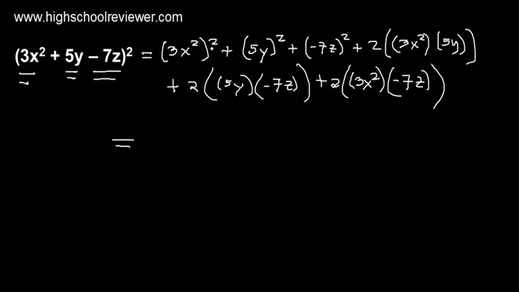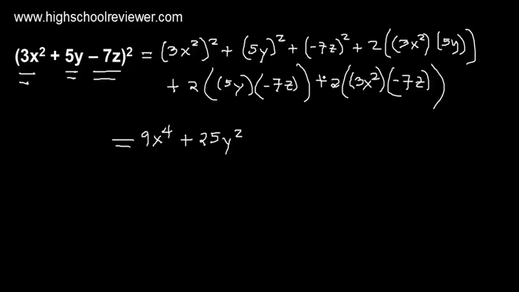3x squared raised to the power of 2, this will be equal to 9x raised to the fourth plus 5y raised to the power of 2, this will be 25y squared.